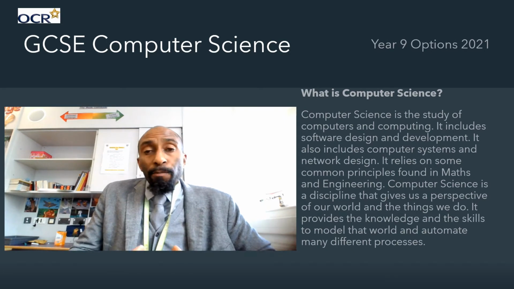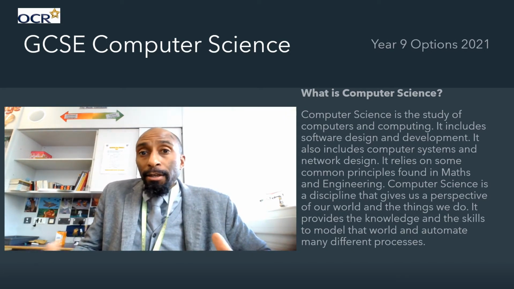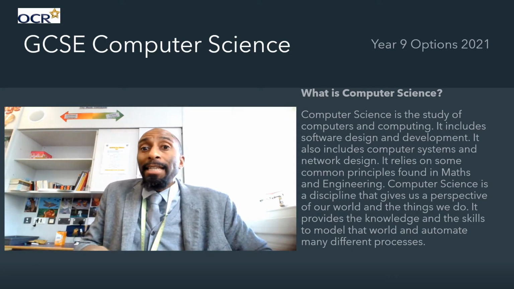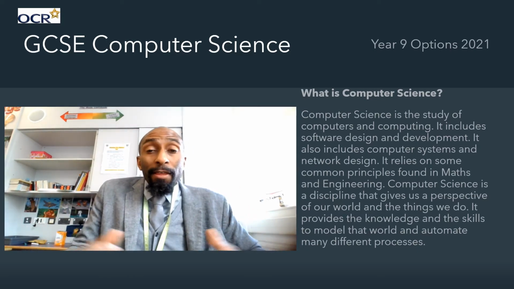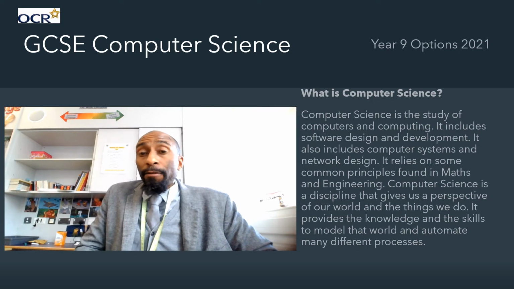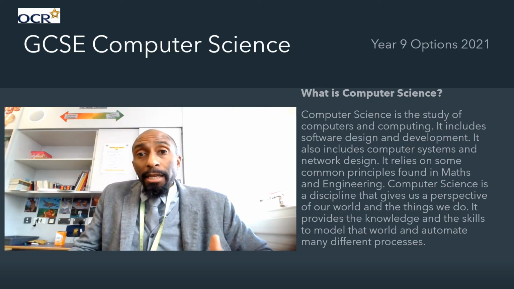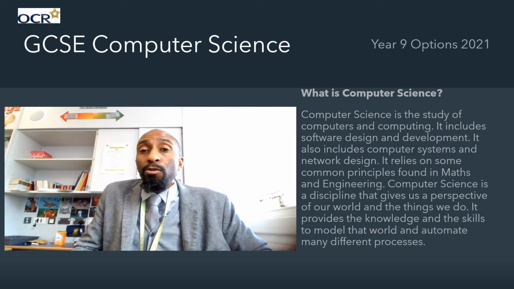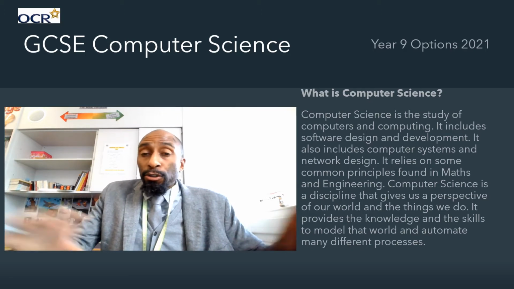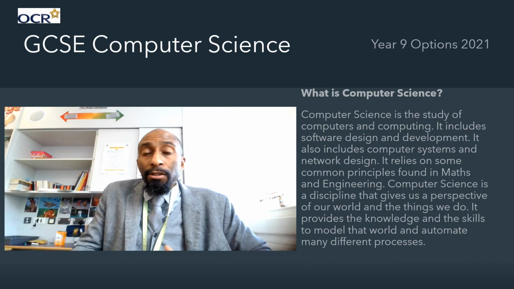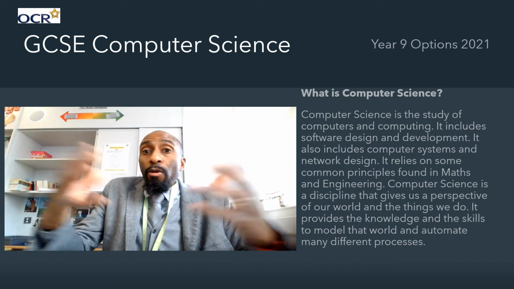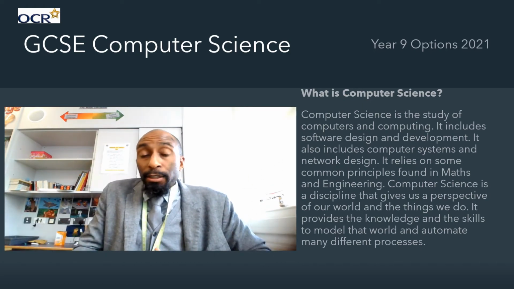Because sometimes calculations are quite complicated. Computers make complicated calculations easy because they do it and you just get the results. So that's one thing that is really powerful, fundamentally amazing about computer science, is that you can use it to do lots of fantastic stuff in lots of different fields. And so the skills and knowledge that you learn in computer science, you can take to any field wherever you want, in whatever subject and whatever career.